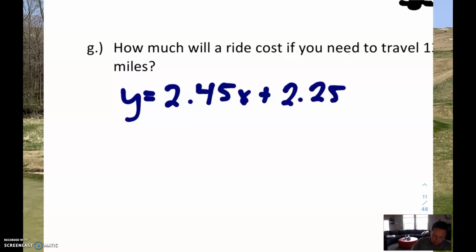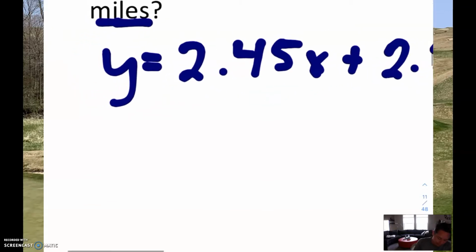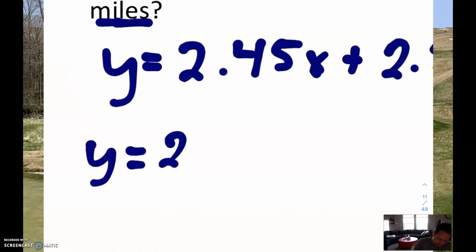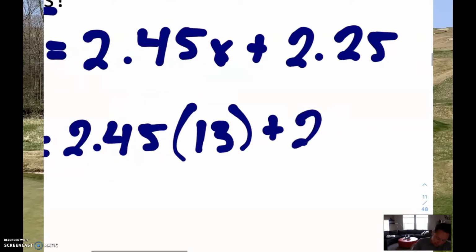And then we need to travel 13 miles. Which variable, x or y, represented the miles? That's right, the x represented miles. So I'm going to replace x with 13. So we have y equals 2.45, replace the x with a 13, plus 2.25.